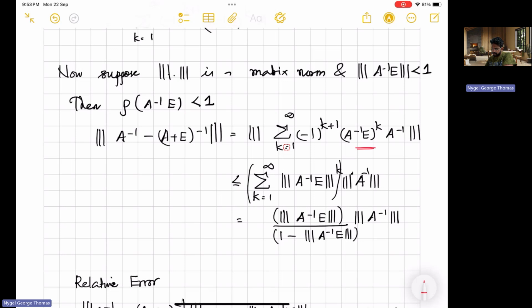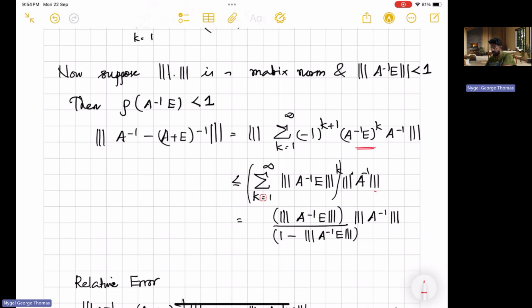Now this is a sum, so we can take the norm inside. The norm of a sum is less than or equal to the sum of the norms. Then we can apply the submultiplicativity property also.